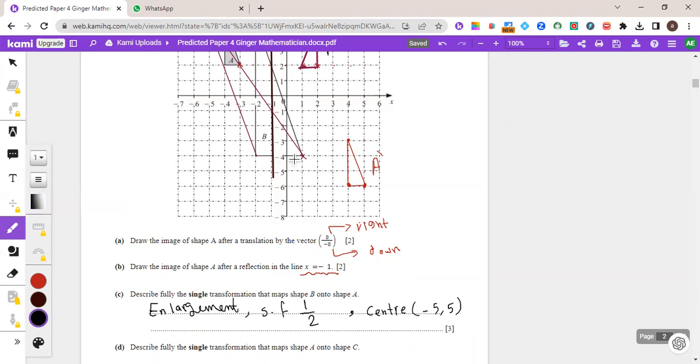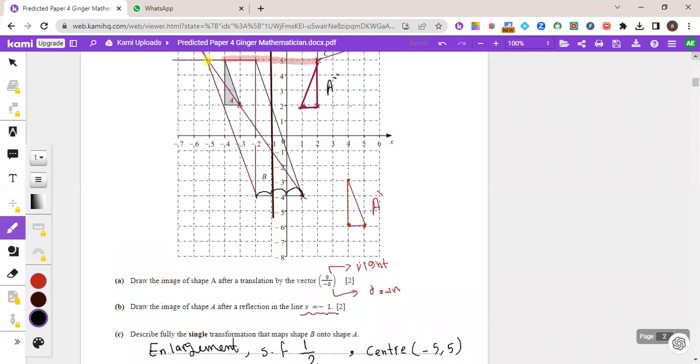Because here, if you see, I have 1, 2, 3, and here you have only 1.